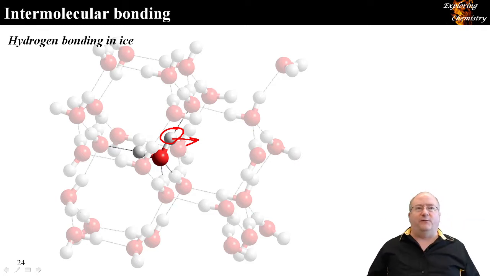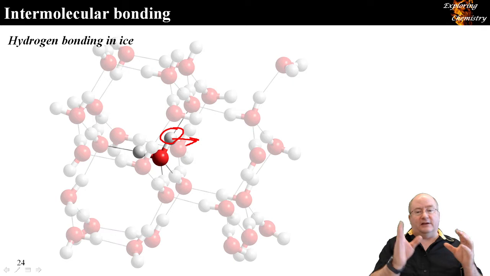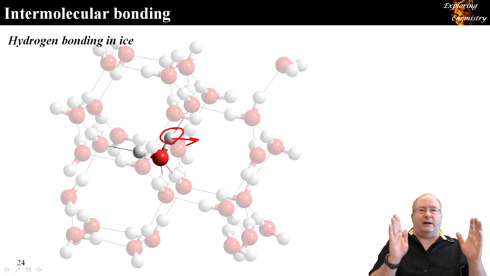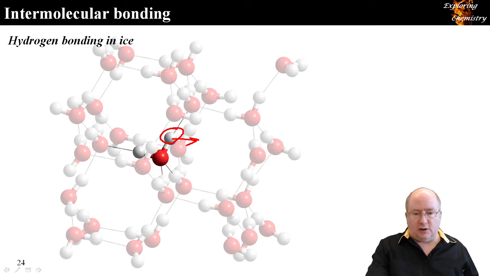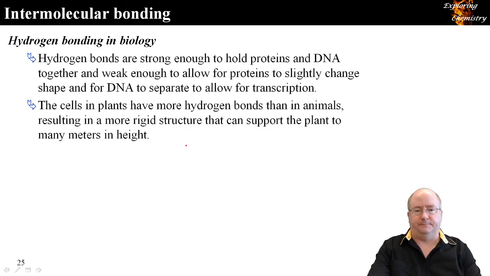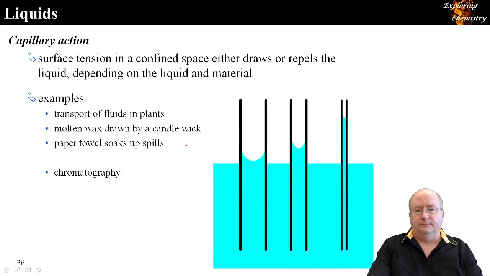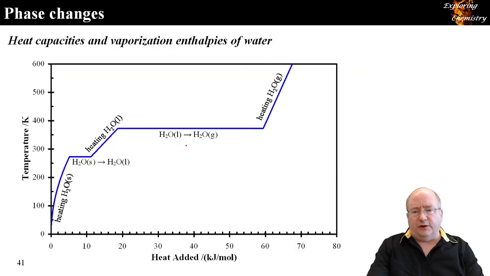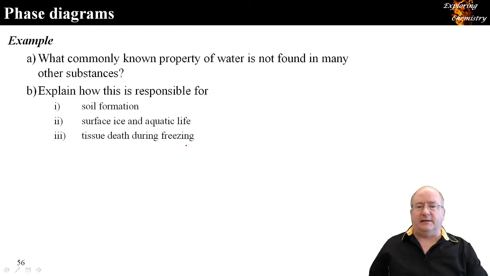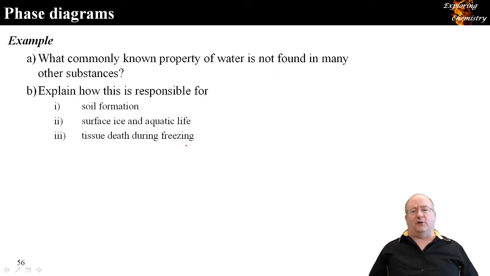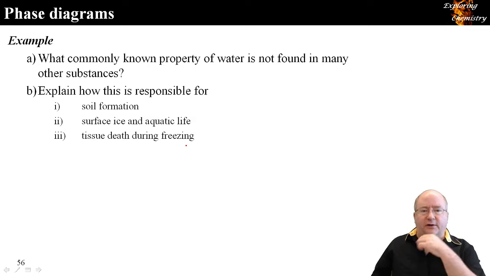It's only about a 4% difference between solid ice and liquid water at zero, and that is due specifically to the fact that when that hydrogen bond breaks, it allows the other water molecules to get slightly closer together. What I had for you is the question on how does that explain soil formation, aquatic life, and tissue death during freezing.